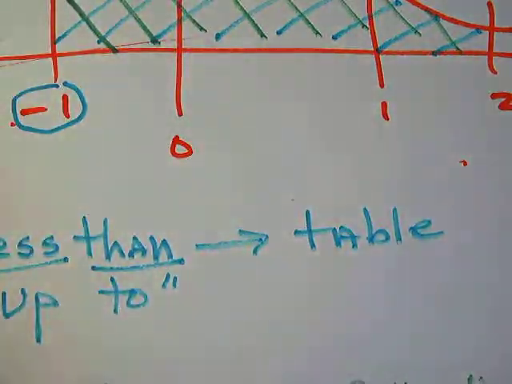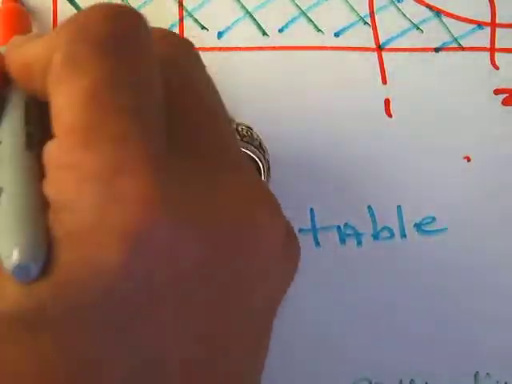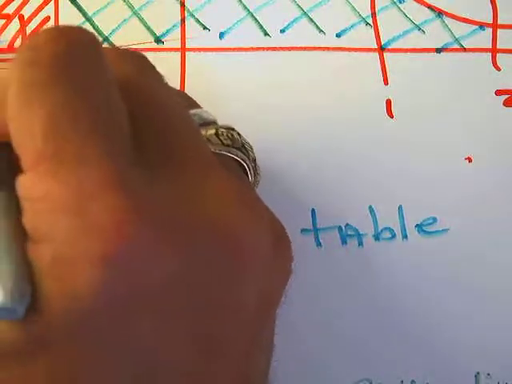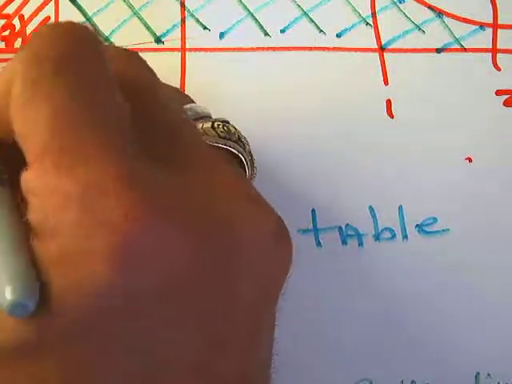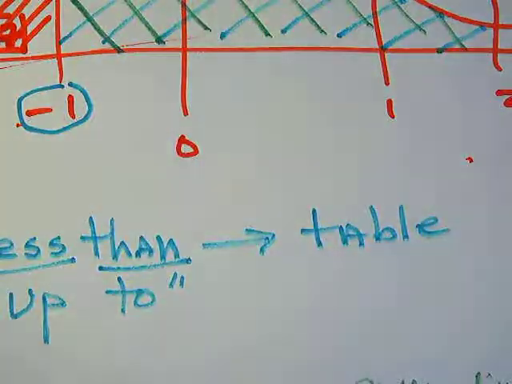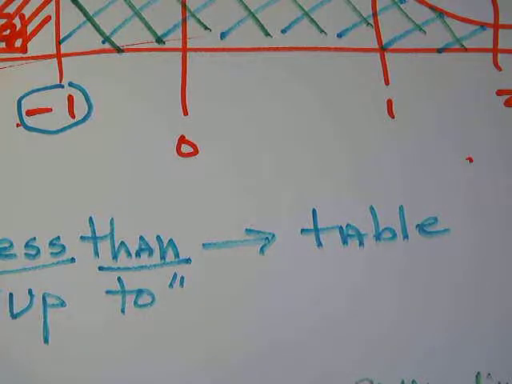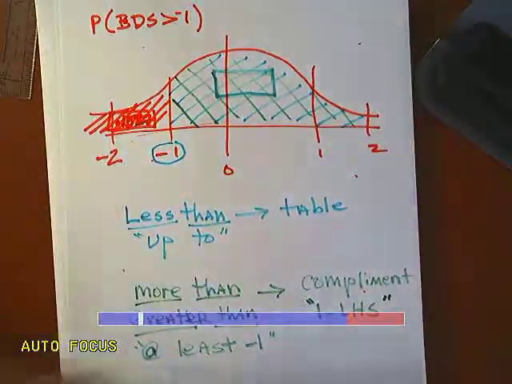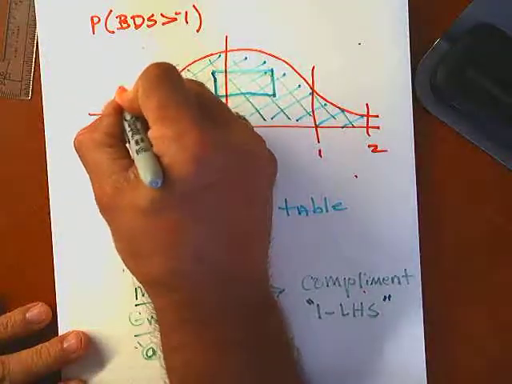All right, -1. There's -1 right there, Hubert. Right there. -1 point, well, Hubert, what is 1.0? Well, it's 1.0 plus 0. There's 0 up here, so there is our area, 0.1587. That is this area right here.